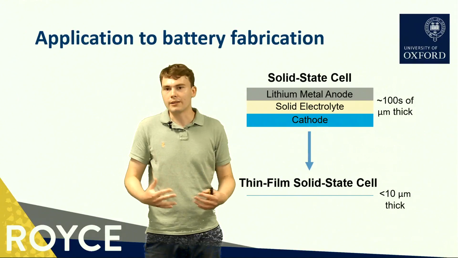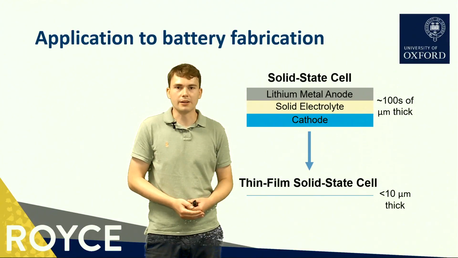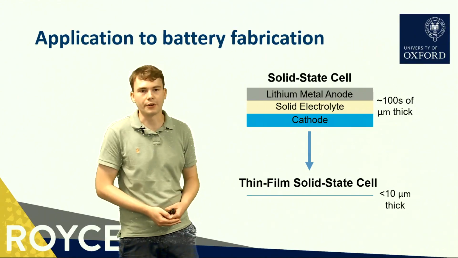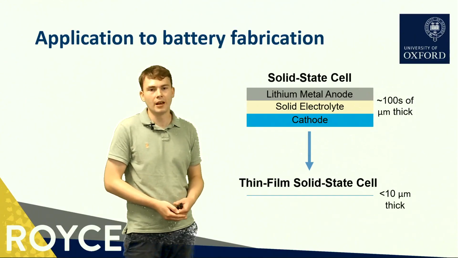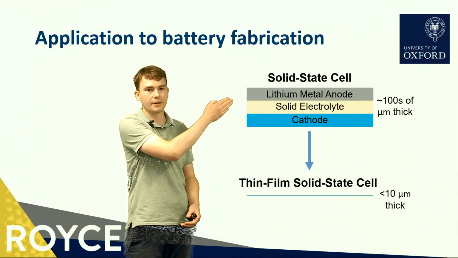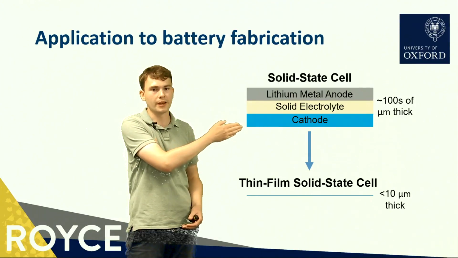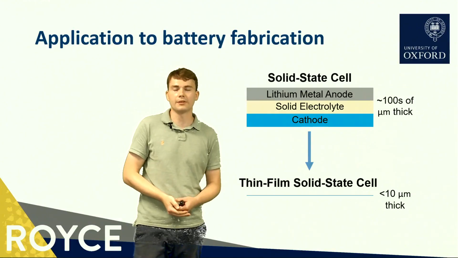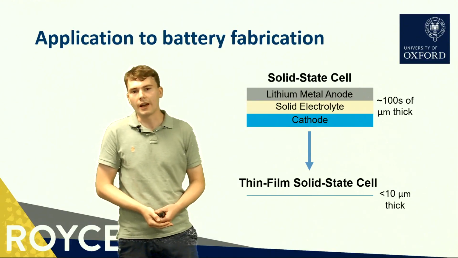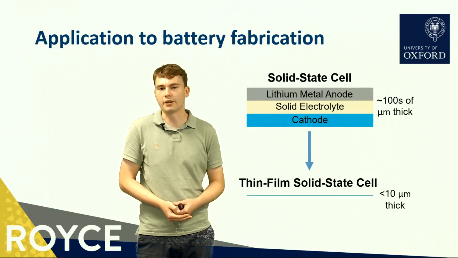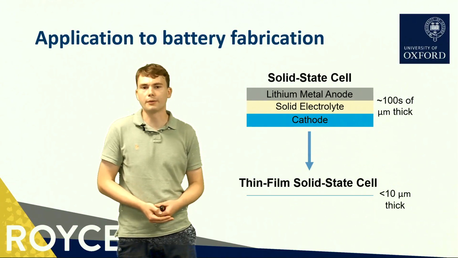So how is PVD applied to battery fabrication? Well, the typical solid-state battery has 3 layers. For a lithium metal cell, there's the lithium metal anode, the solid electrolyte, which is normally a ceramic, and the cathode, or positive electrode. And in a conventional solid-state cell, these cells are typically hundreds of microns thick.